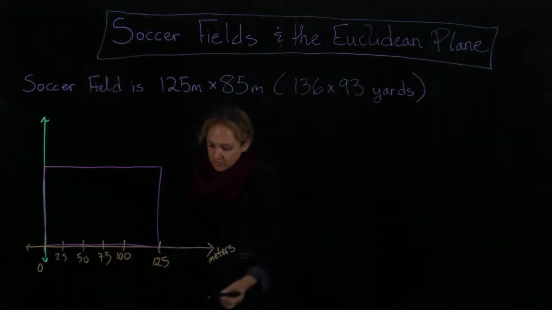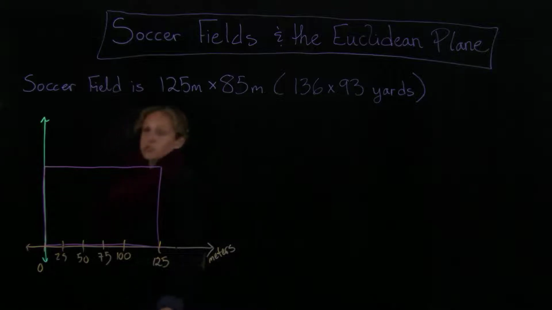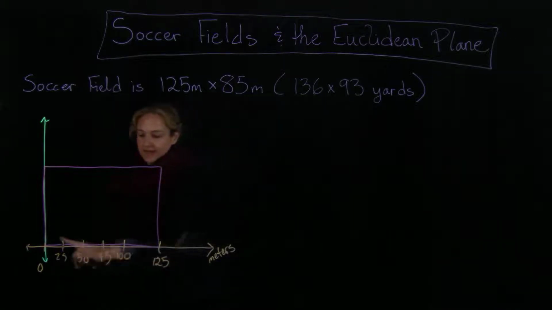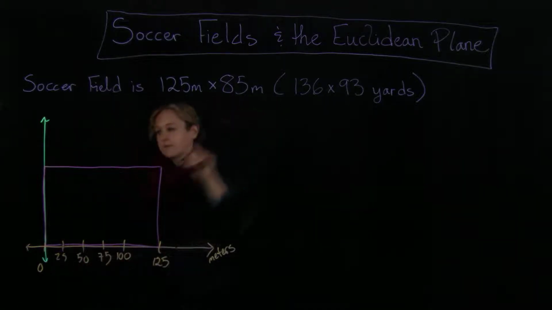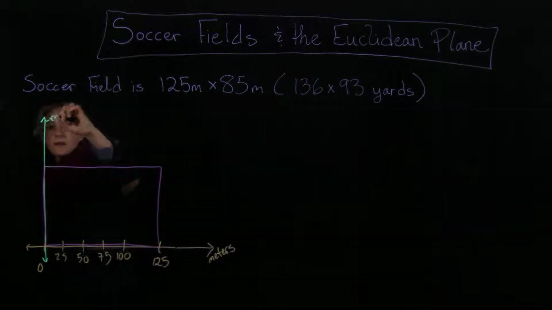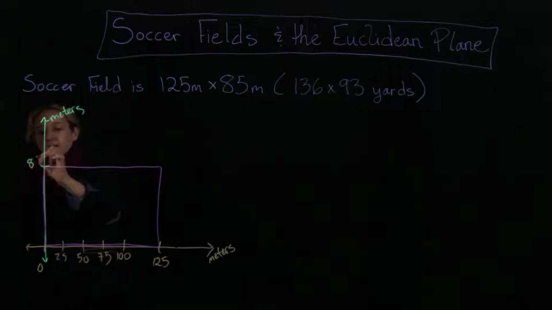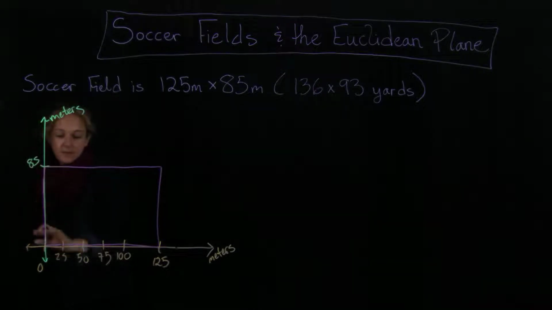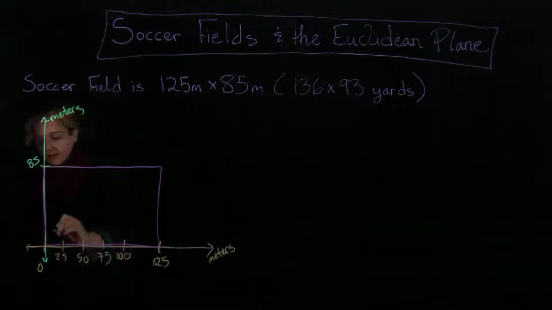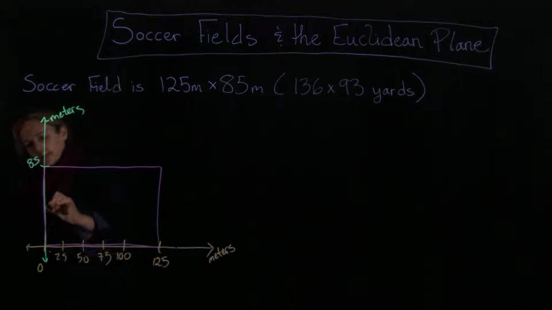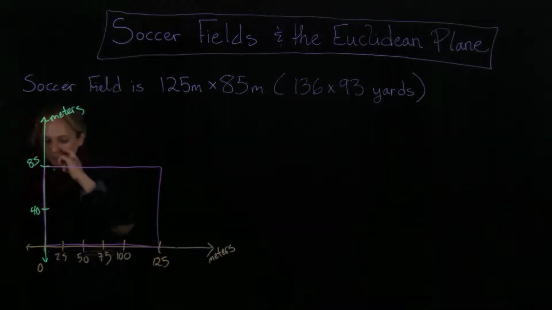And then you also have the other direction. That came from the 125, and from here, this would again be in meters, and now we're going to 85. So maybe instead of having them be the same as those, we want to do this in 5s now because there's more of them.